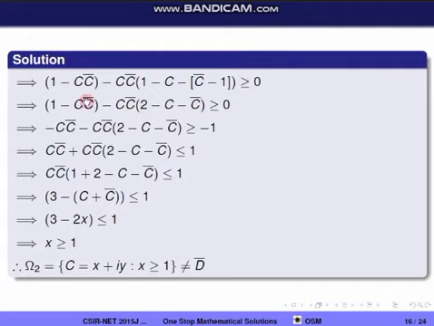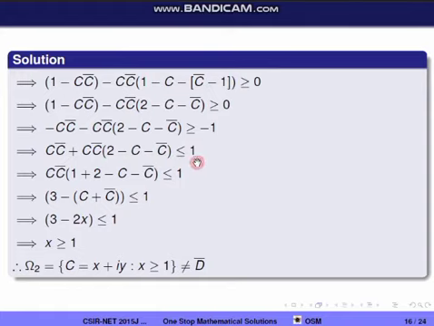Now I am taking 1 to this side. So this implies minus C conjugate minus C conjugate of 2 minus C conjugate greater than or equal to minus 1. Now I am multiplying this inequality by minus 1. So this implies C conjugate plus C conjugate of 2 minus C conjugate less than or equal to 1.